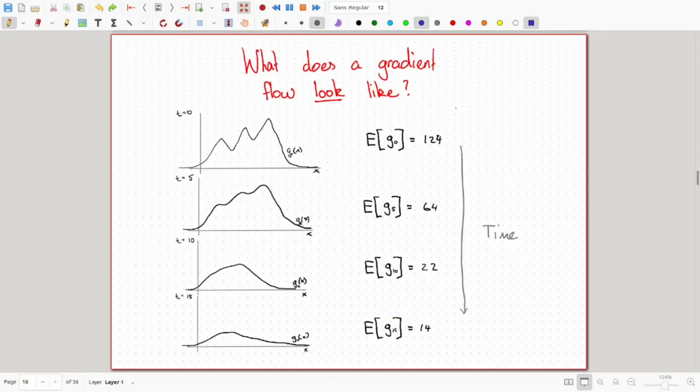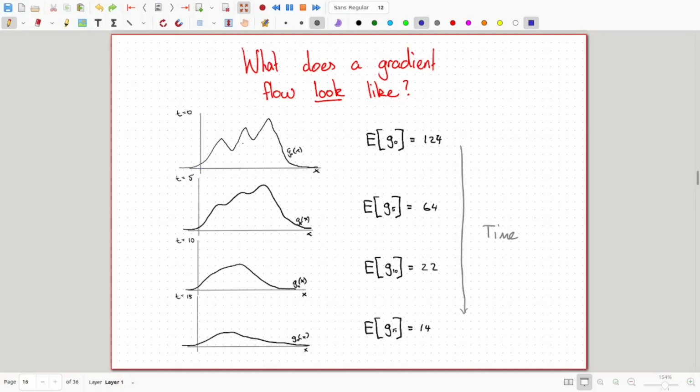So first of all, what does a gradient flow look like in a function space? If you pick, and I'm doing air quotes here, a point in a function space, that corresponds to an entire function. So what you see here is a point, an element of this function space.